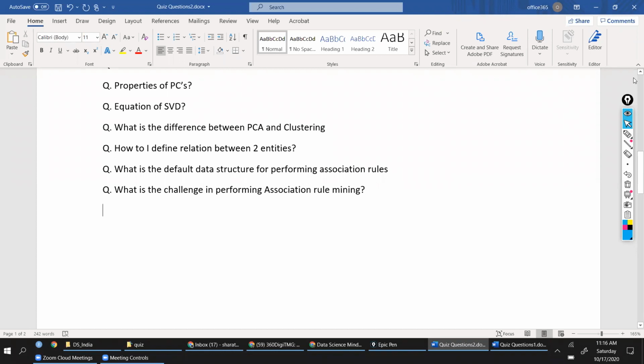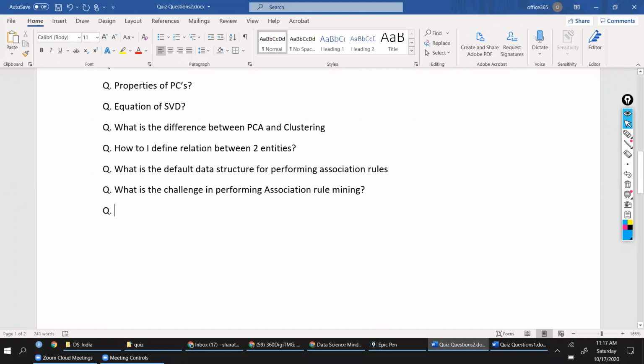The number of pairs and combinations will be very huge. It grows exponentially when you have n distinct items in the catalog. The combinations that we can create will be huge.